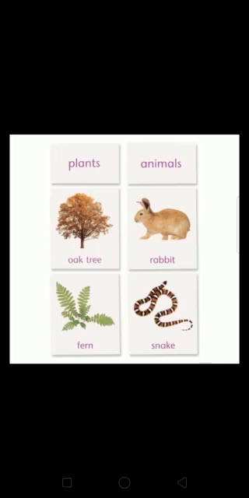Let us see two examples of plants and two examples of animals. So as plant, we have got the oak tree, and next one we have the fern. And for the animals, as example, we have got the rabbit and the snake.